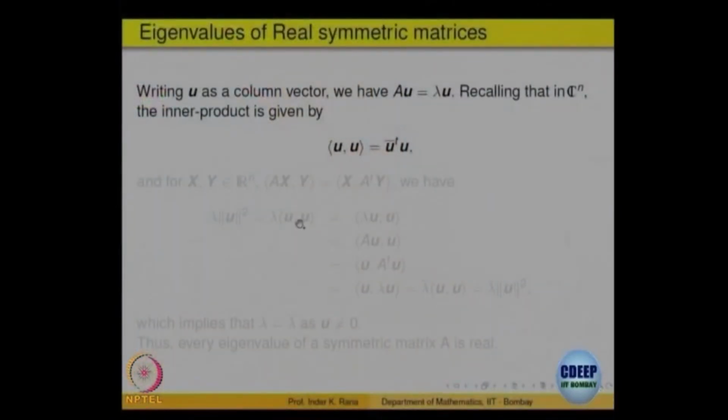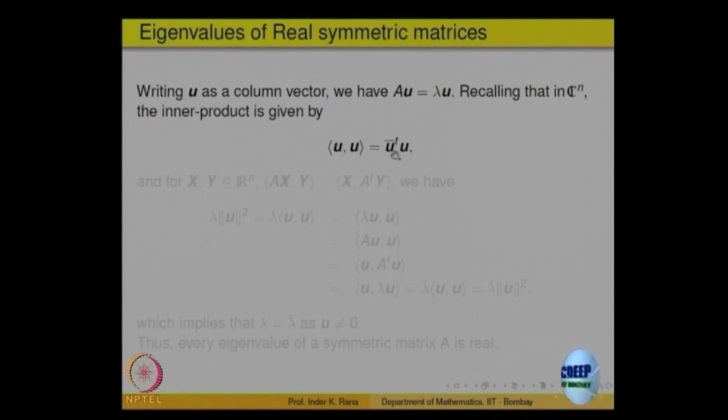So, here it is repeated again. If you write u as a column vector, in terms of matrix multiplication, then the dot product u dot u is nothing but u bar transpose u, because you are writing it as a column. So, you should write it as a row vector, 1 cross n, multiplied by n cross 1, and the product should be a scalar, right.